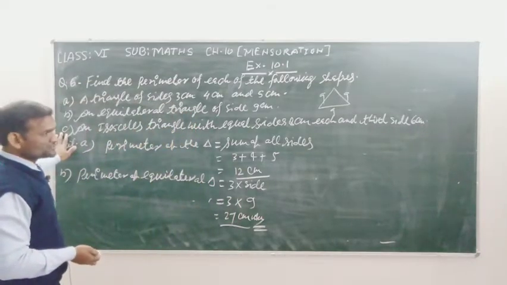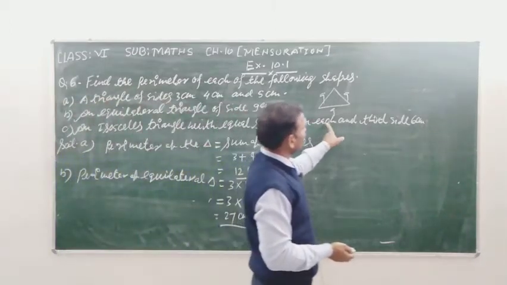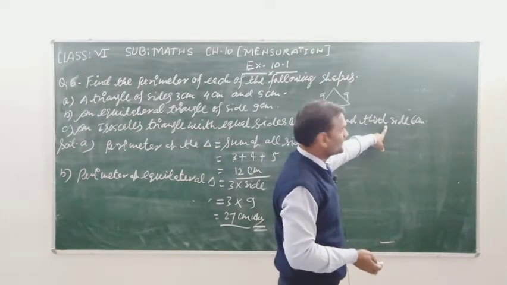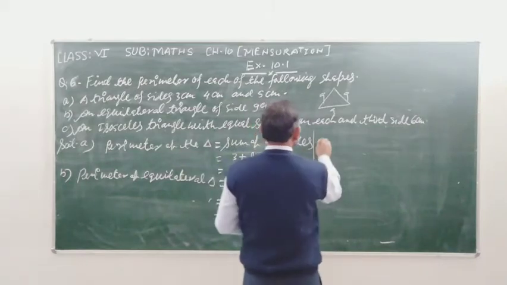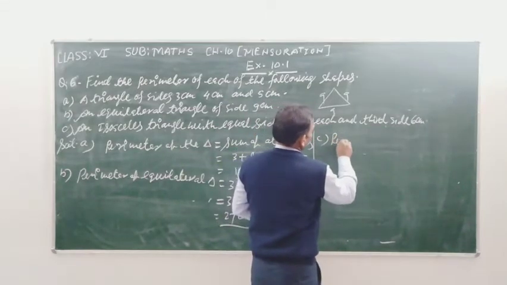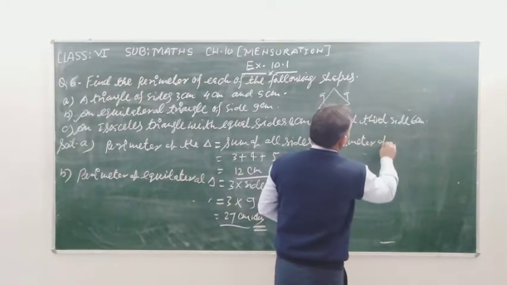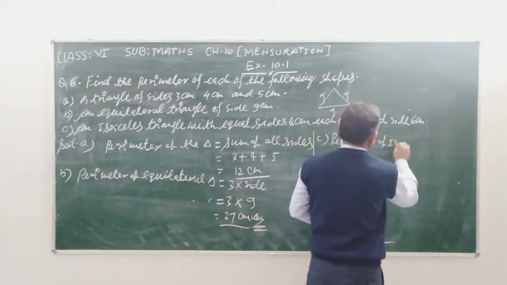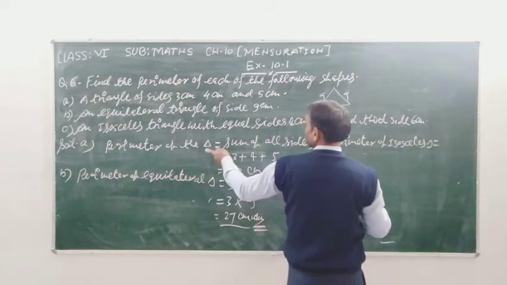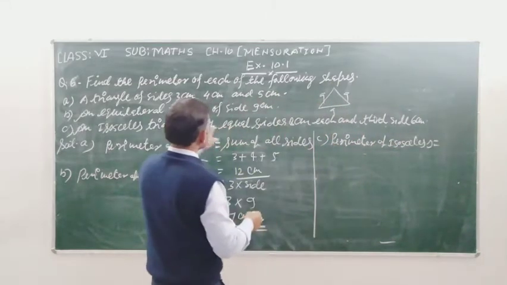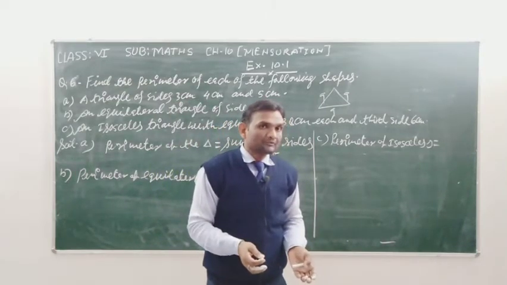And C is, student, an isosceles triangle with equal sides 8 centimeter each and third side is 6 centimeter. So part C, perimeter of the isosceles triangle is equal to the sum of all sides. An isosceles triangle is a triangle in which two sides are equal.